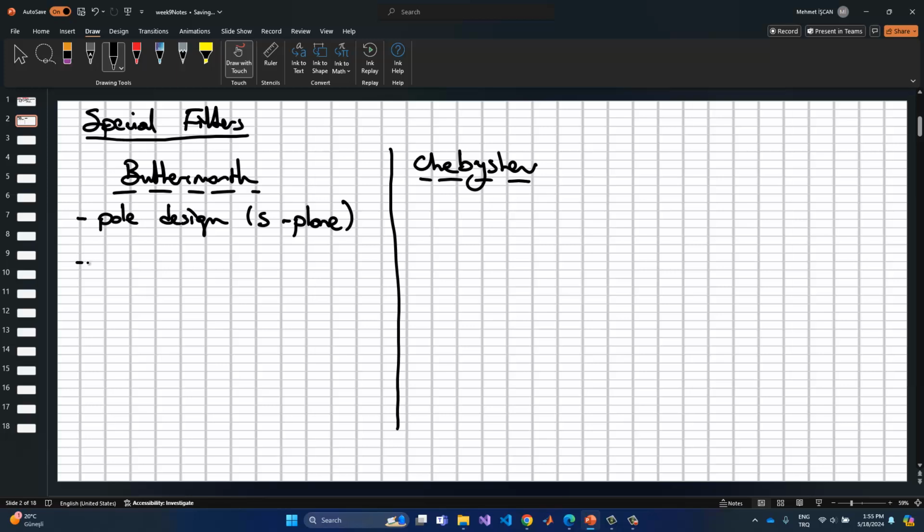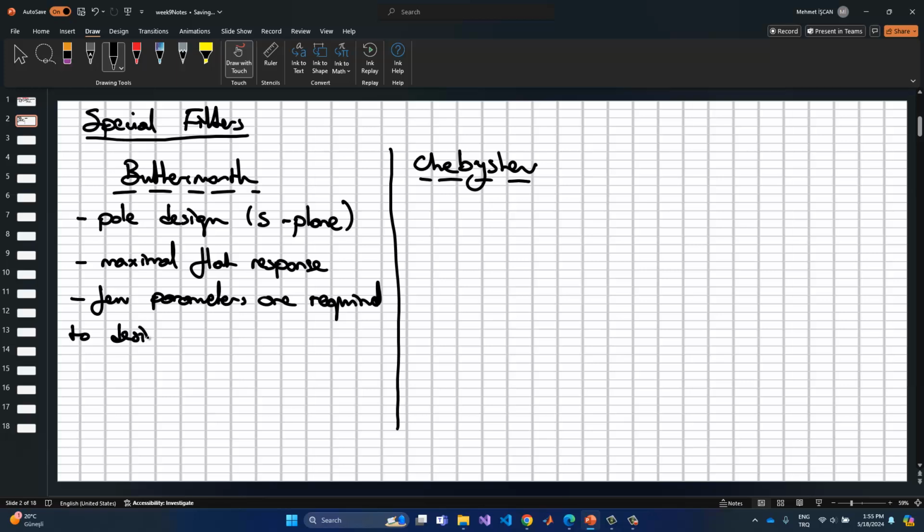Okay, and so this Butterworth filter creates the maximal flat response at each input frequency. And also we should use few parameters to create our designs. Okay, but what is the meaning of the maximal flat response and the few parameters?